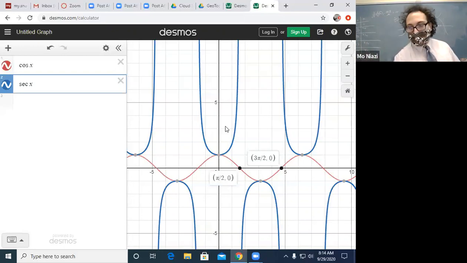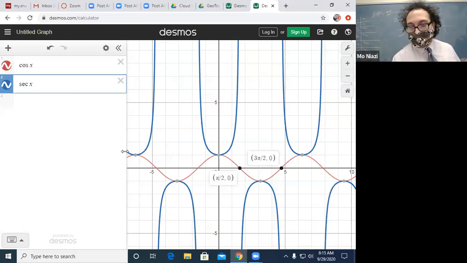So when you pass this right here, that's why it flips from opening up like this to opening down like that, because of that minus sign right here. You guys see that? That's what's going on there.